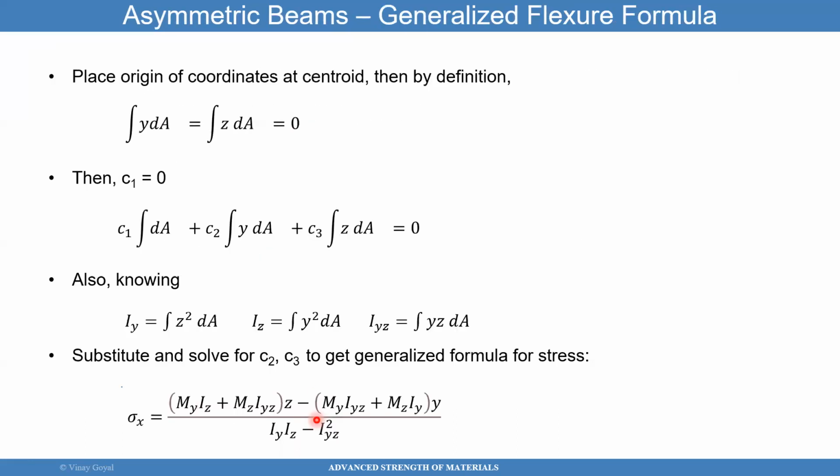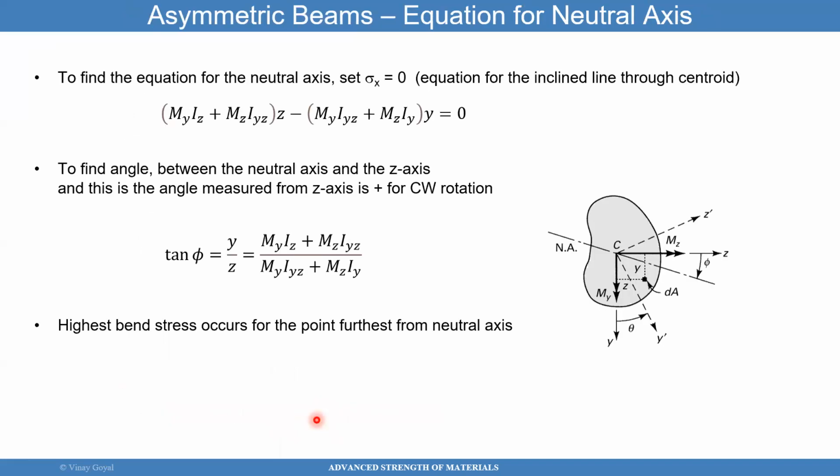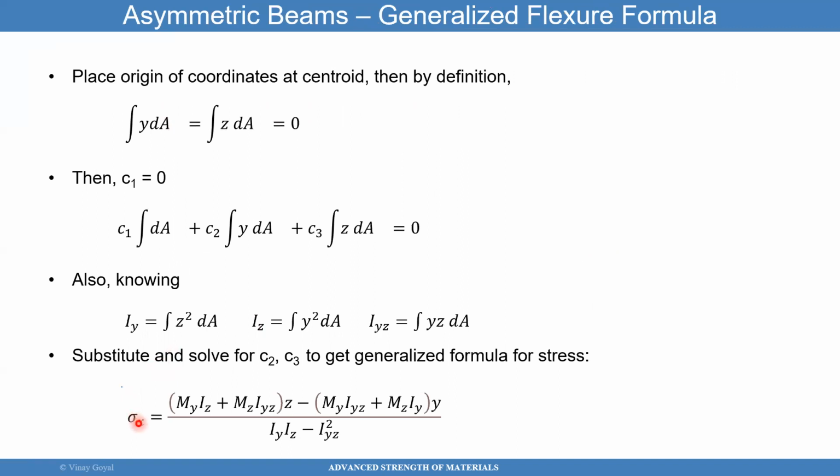Now, you can determine where the neutral axis is. We know it has to go through point C, the centroid. But at what angle is the neutral axis? We can find that angle, knowing that on the neutral axis there's no stress.